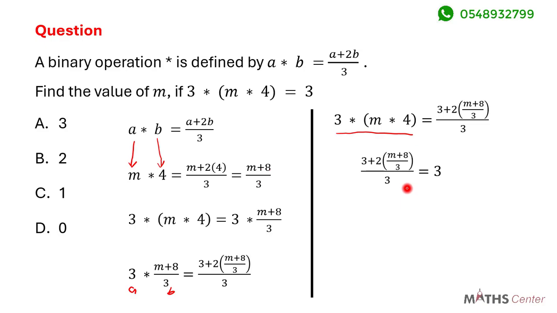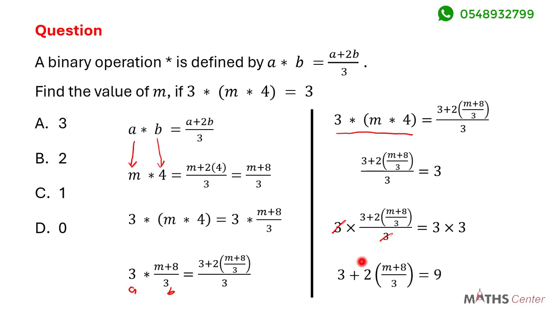So we can say that (3 plus 2 times (M plus 8)/3), all divided by 3, is equal to 3. We can now solve this linear equation for the value of M. I'll multiply both sides by 3. When I do that, 3 and 3 will cancel each other out. And so this will give us 3 plus 2 times (M plus 8)/3 is equal to 9.